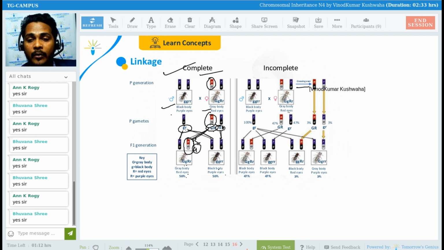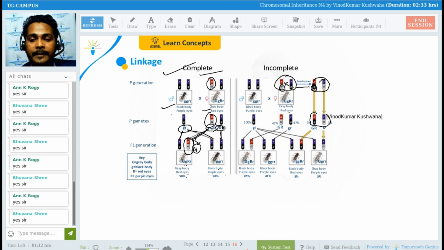When there is a crossing over between these two gray body and red eye chromosomes, what happened? The red eye crosses with the G, it becomes R and G, that is gray body, and the red part of this section joined with another segment, right? So this is the crossing over.